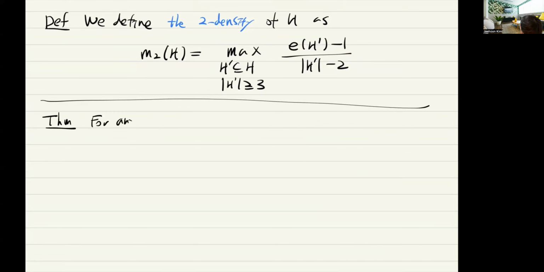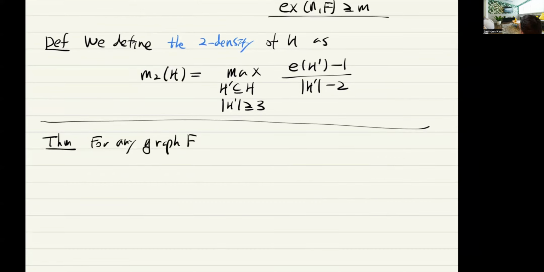So this theorem holds for any graph F. This statement or this proof technique is not specific to the structure of F. It works for any F as long as it has at least 2 edges. This is a simple graph, so at least 2 edges means that it has at least 3 vertices.